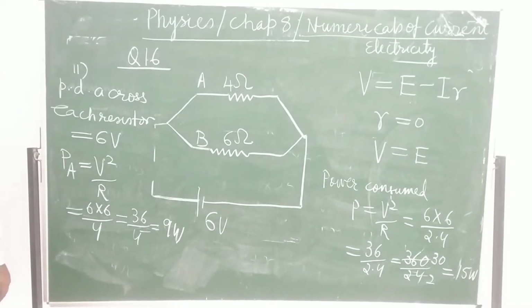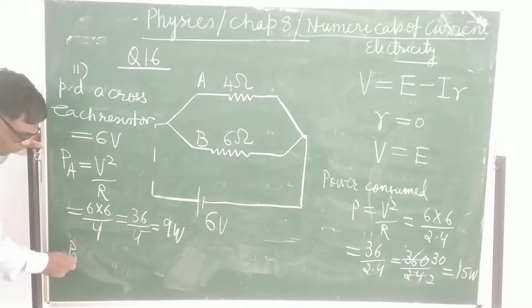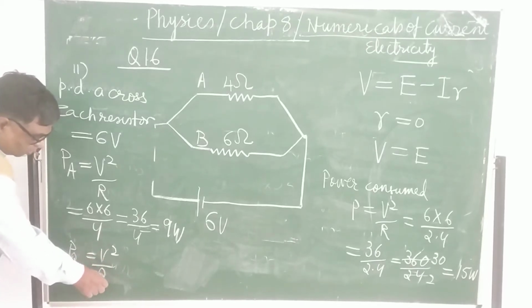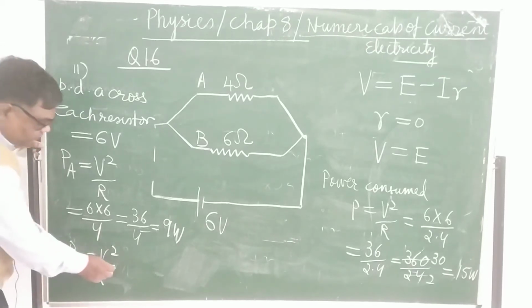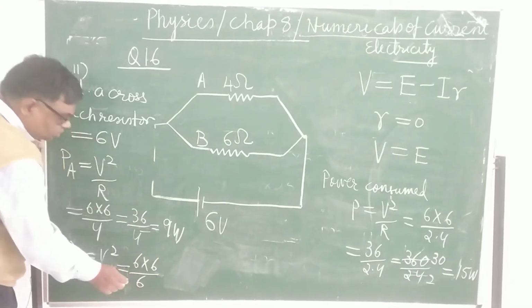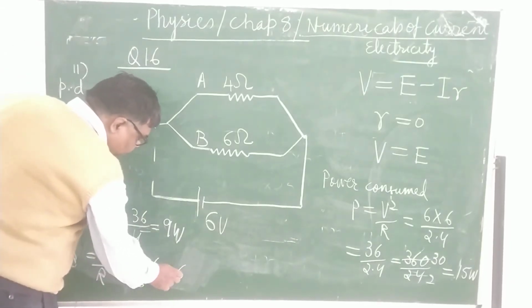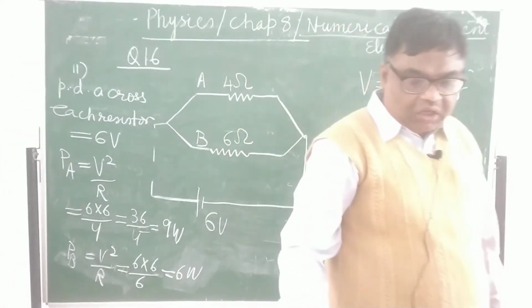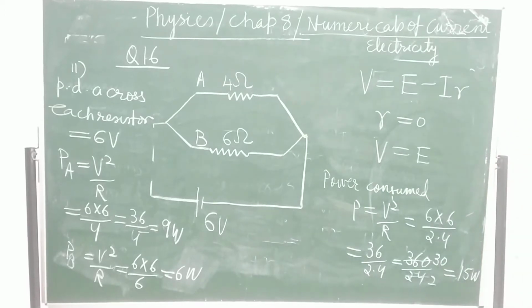It's clear? What is the power consumed in B? PB will be equal to V square upon R. What is V here? 6 into 6 and R is 6. So it will be 6 watt. Means across A, 9 watt of power is consumed and across B, 6 watt.